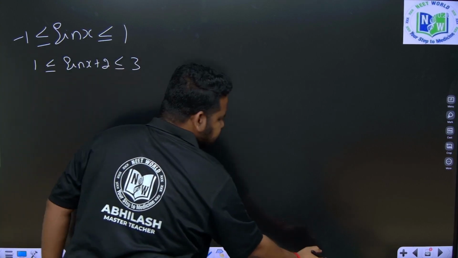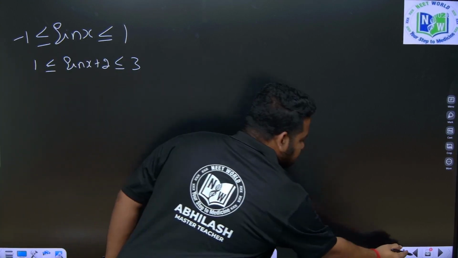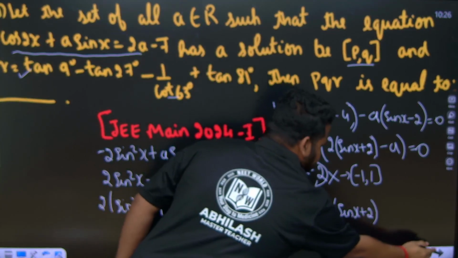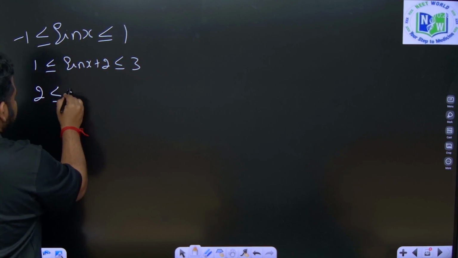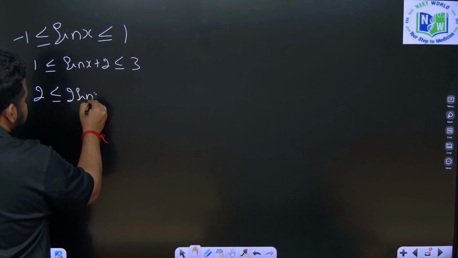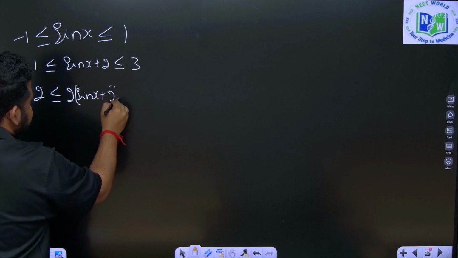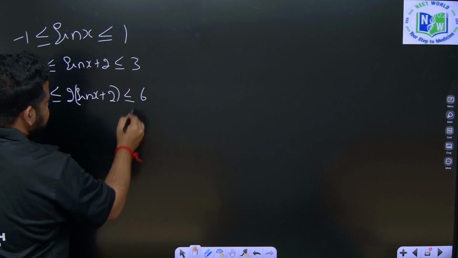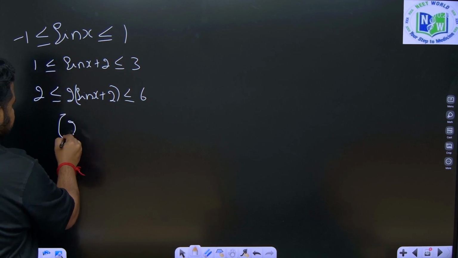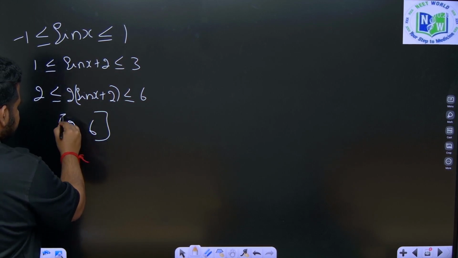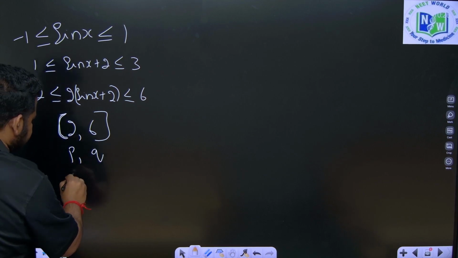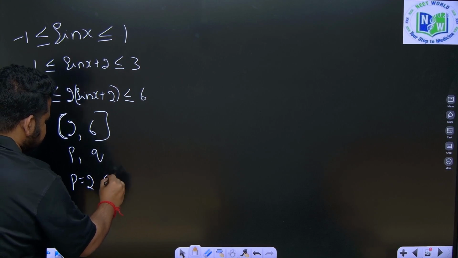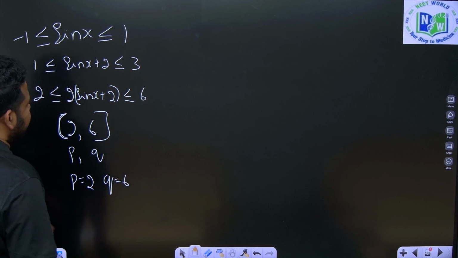But we are having 2 times sin x plus 2, so this will become 2 into 3, which is 6. So the range of this is 2 comma 6, that is p comma q, where p is 2 and q is 6. So this is what we got for p and q.